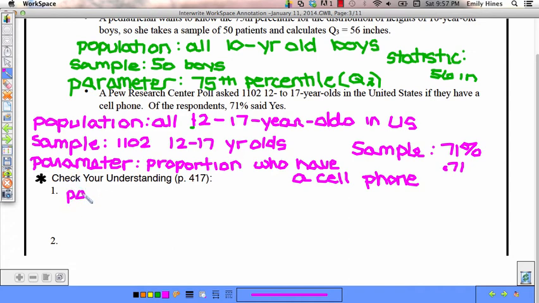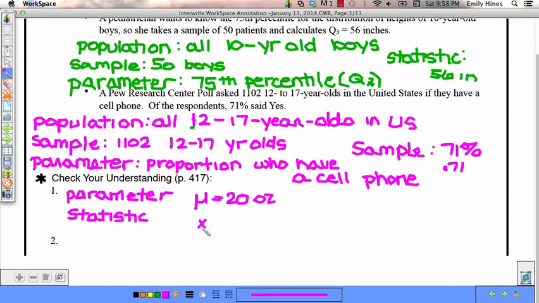Our parameter in question 1 is mu, which is equal to 20 ounces. And the statistic is x bar, which is equal to 19.6 ounces.